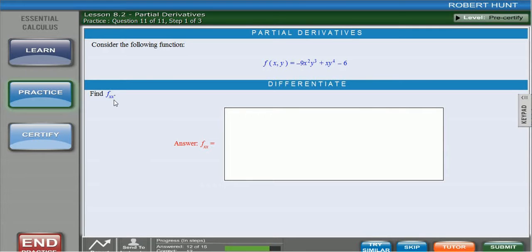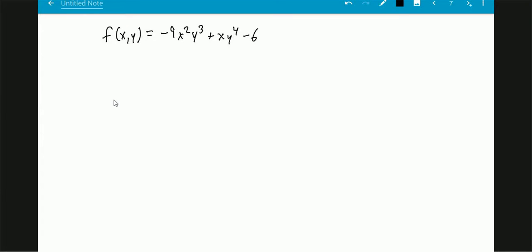So in this one, we've got negative 9x squared y cubed plus x y to the 4th minus 6. And they want f double x.